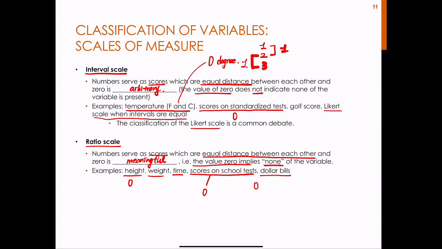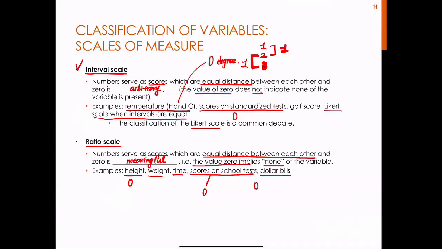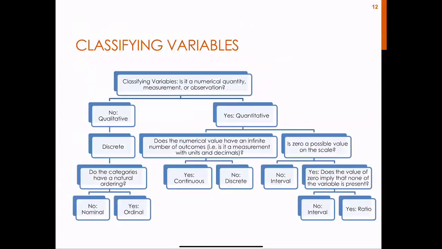So we just talked about 4 different scales of measures: nominal, ordinal, interval, and ratio. And each scale has specific characteristics. So you guys have to distinguish the differences among those 4 different scales of measures. So here is the classifying variables chart.